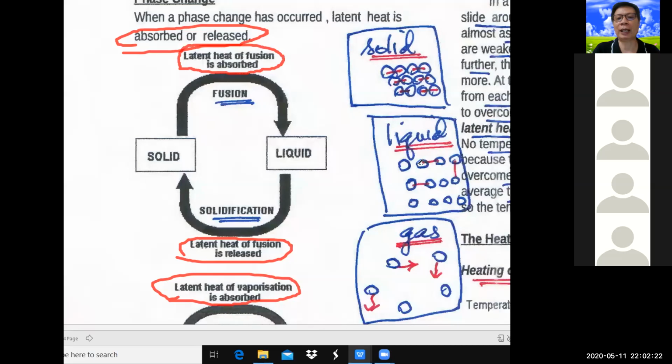This does not reduce the kinetic energy. That's why the temperature remains the same. Another thing: from gas you go back to liquid, closer, the kinetic energy actually becomes more already, right? So this will prevent the temperature from dropping further. Understand?